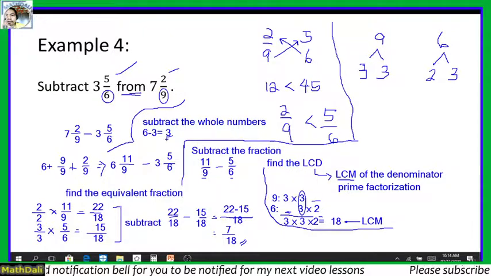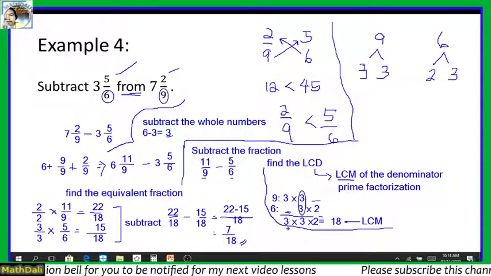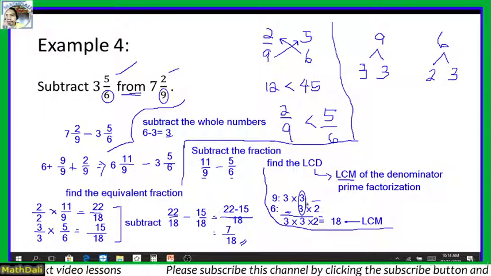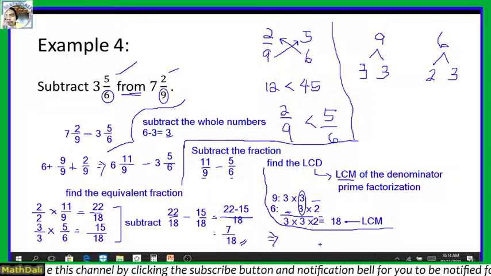Then take note, meron tayong whole number dito. Pag pinagsama natin, ang sagot natin ay, yan. So, saan ko ba ilalagay yung sagot? Dito na lang. Pasensya na, medyo magulo yung solution ko. Ko-combine na natin yung whole number natin dito. That is, we have 3.